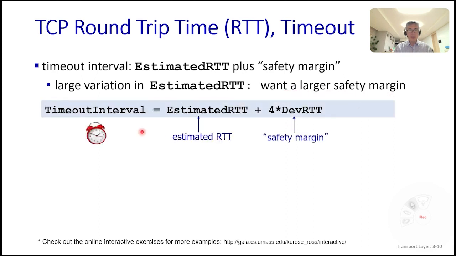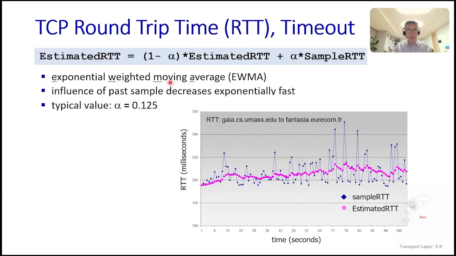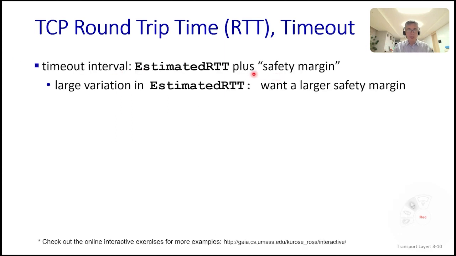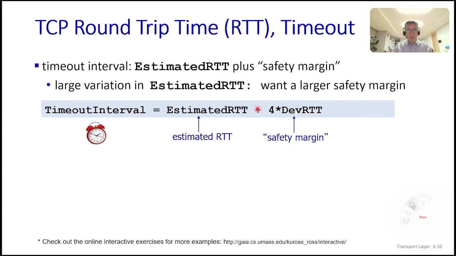So we can now calculate the timeout value here: the timeout interval for a TCP segment is the estimated RTT we calculated previously, the exponential weighted moving average, plus 4 times the variation of RTT. This is the safety margin.